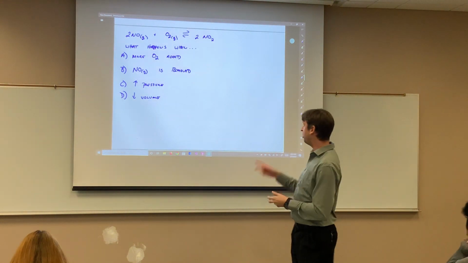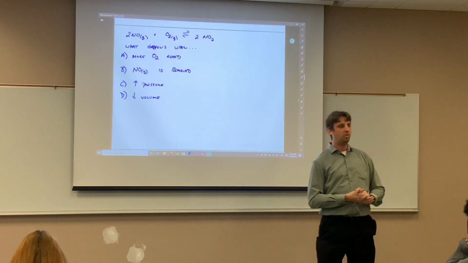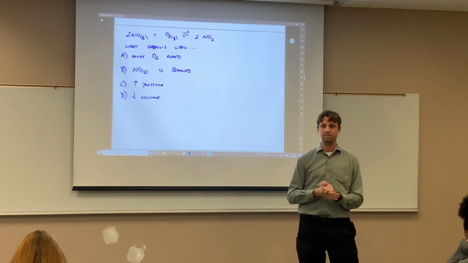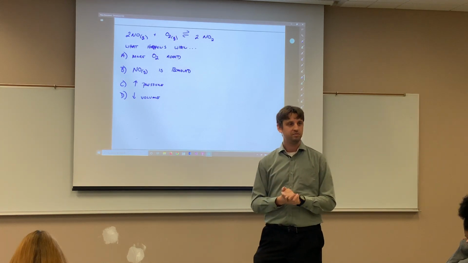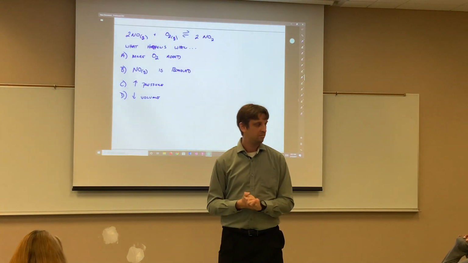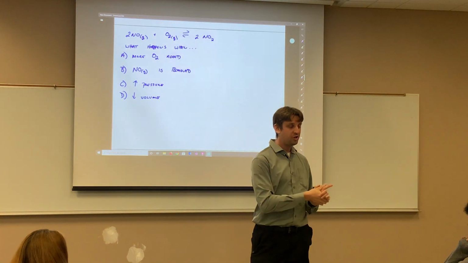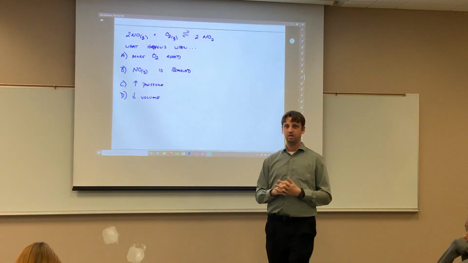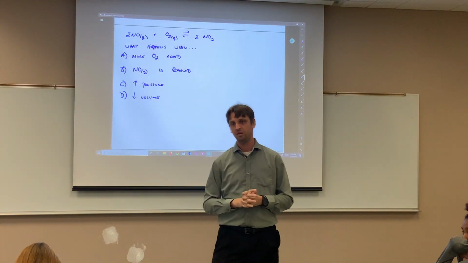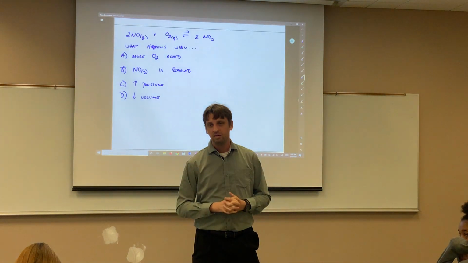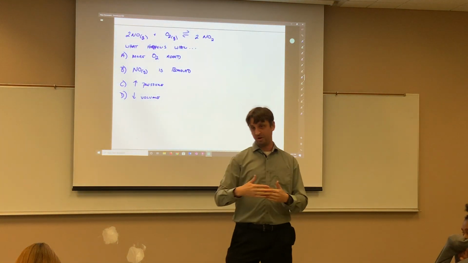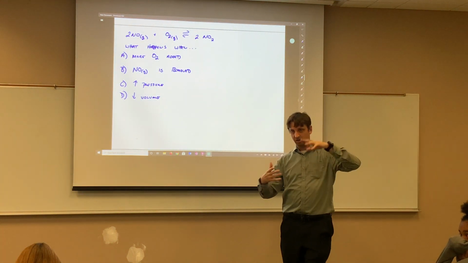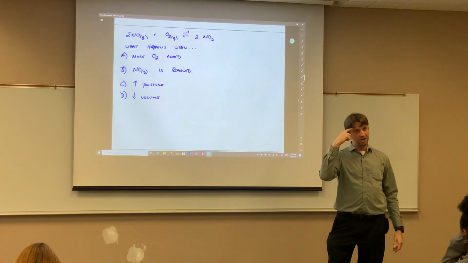What happens if I put more on one side of this equation? K doesn't change. The position in the equilibrium might change. The probability for more product to be made decreases because you have more reacted. Right, that's what we were talking about at the beginning, this collision theory thing going on. So K is a constant.